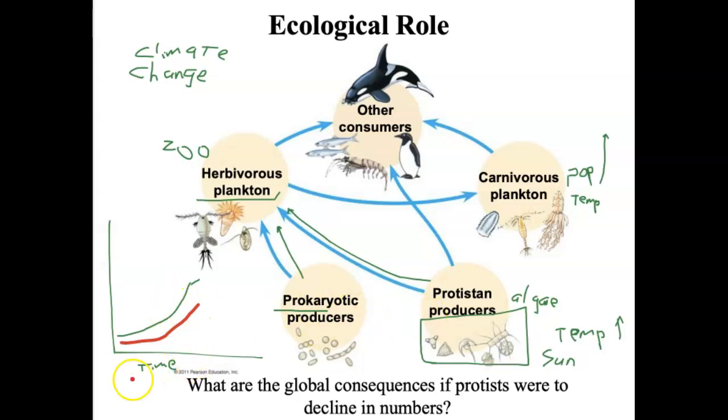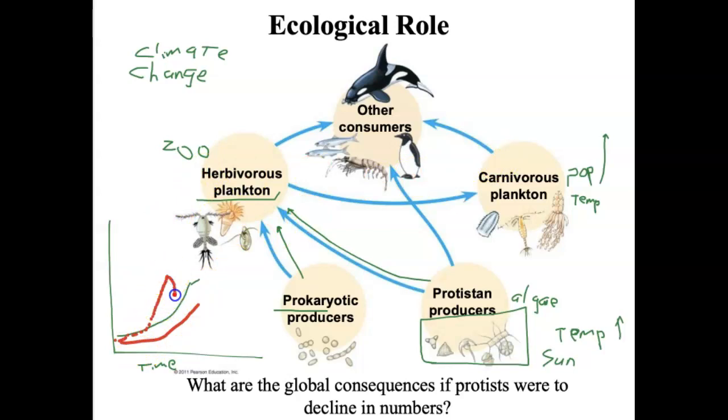Well, our problem now is that, I'm going to do dashed lines, this population is doing this. And it's not sustainable because they don't have any food to eat, because the algae and the protist producers are not increasing their population prior to the carnivorous, whether it's the herbivores or carnivores, prior to their population going up.